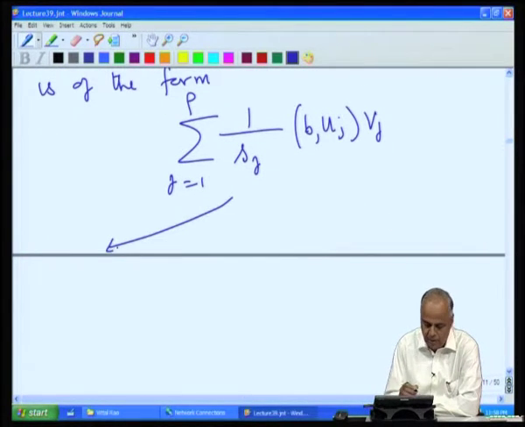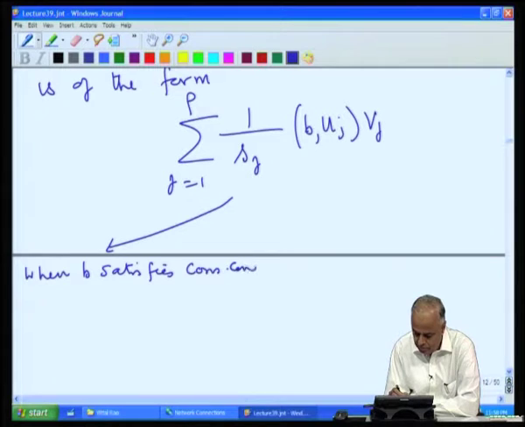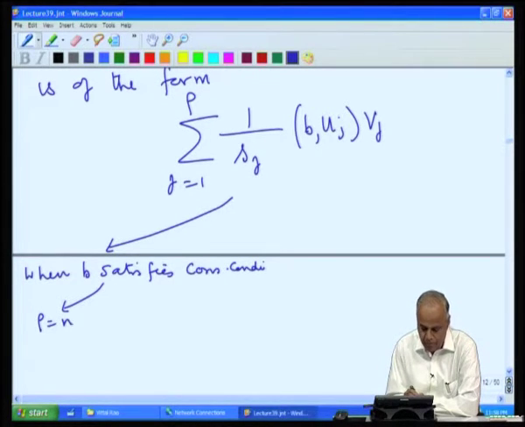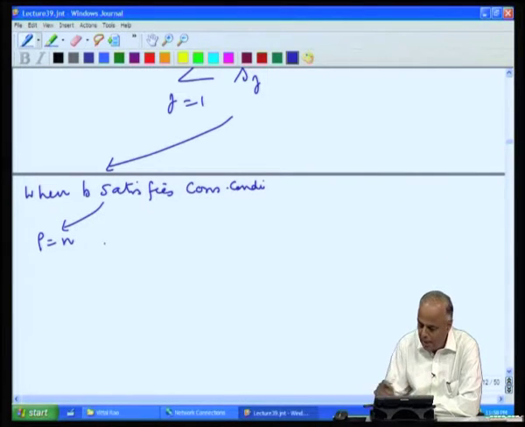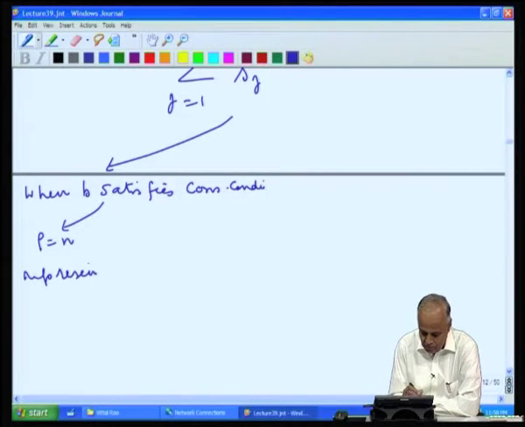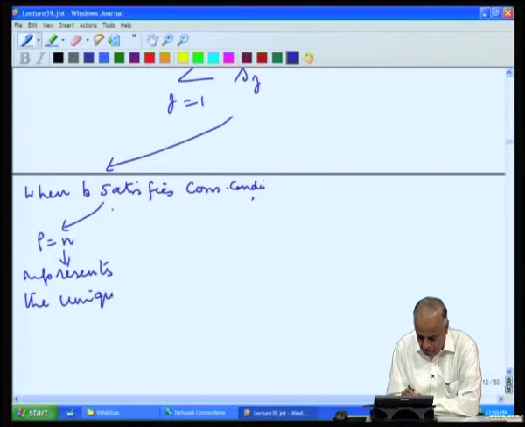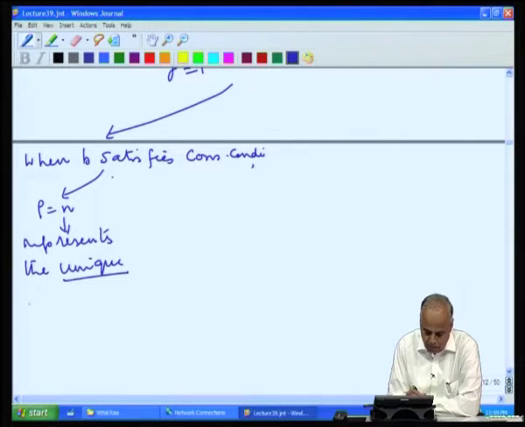When B satisfies the consistency condition and rho equal to n, that expression represents the unique solution for A x equal to B. The uniqueness is because rho is equal to n.